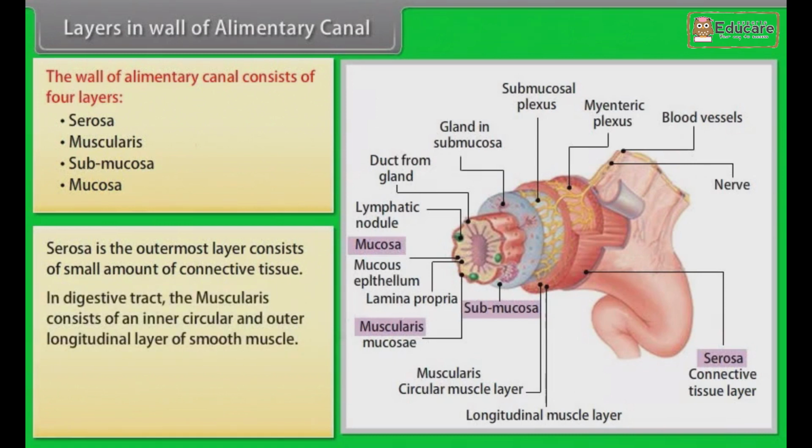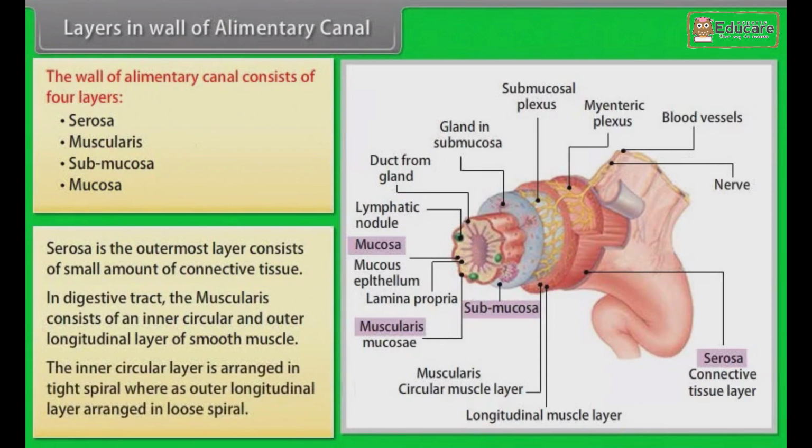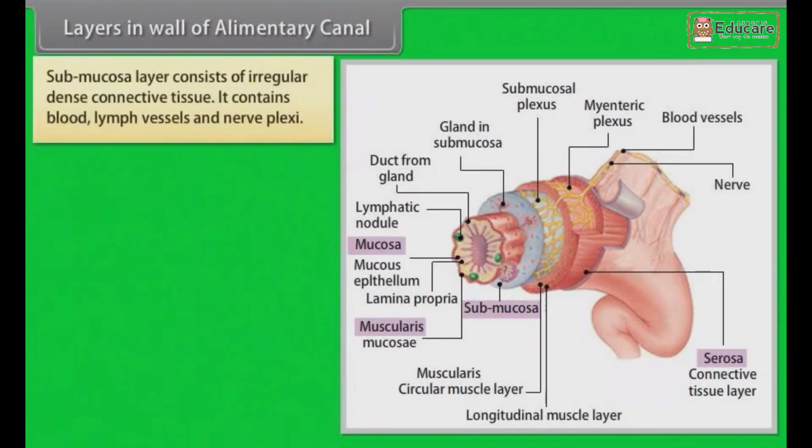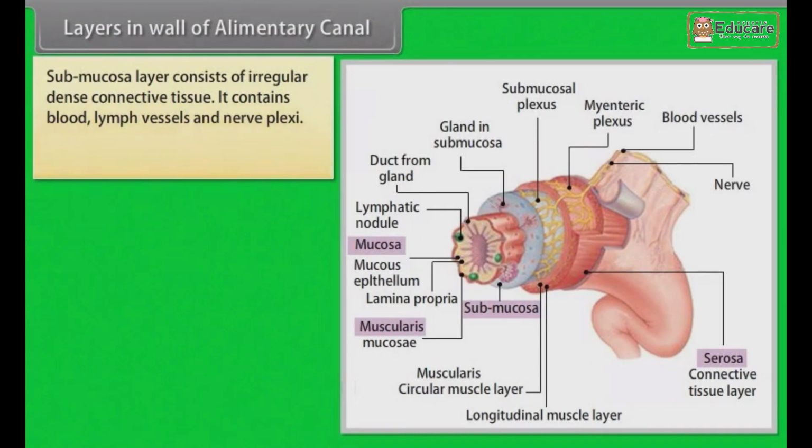In the digestive tract, the muscularis consists of an inner circular and an outer longitudinal layer of smooth muscle. The inner circular layer is arranged in a tight spiral, whereas the outer longitudinal layer is arranged in a loose spiral. The submucosa layer consists of irregular dense connective tissue. It contains blood and lymph vessels and nerve plexuses.